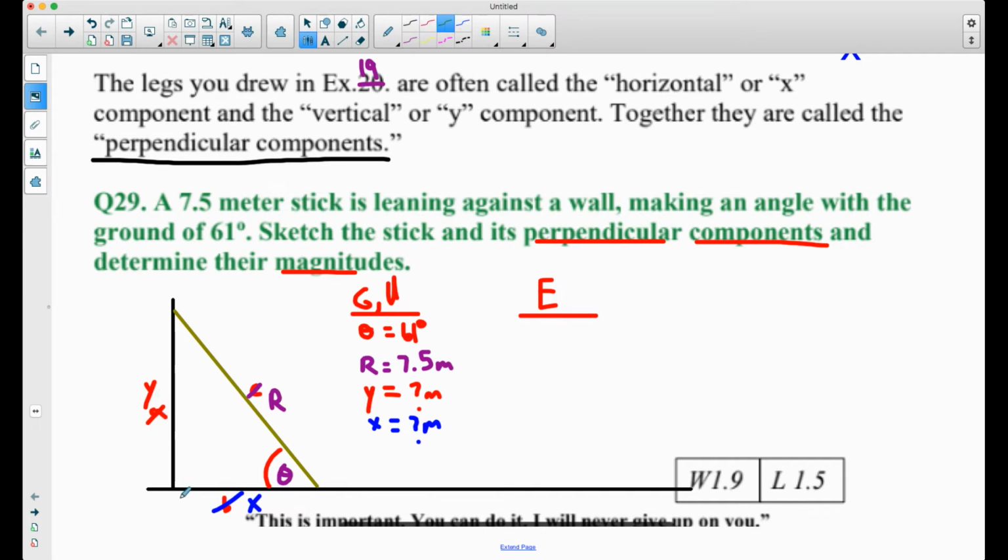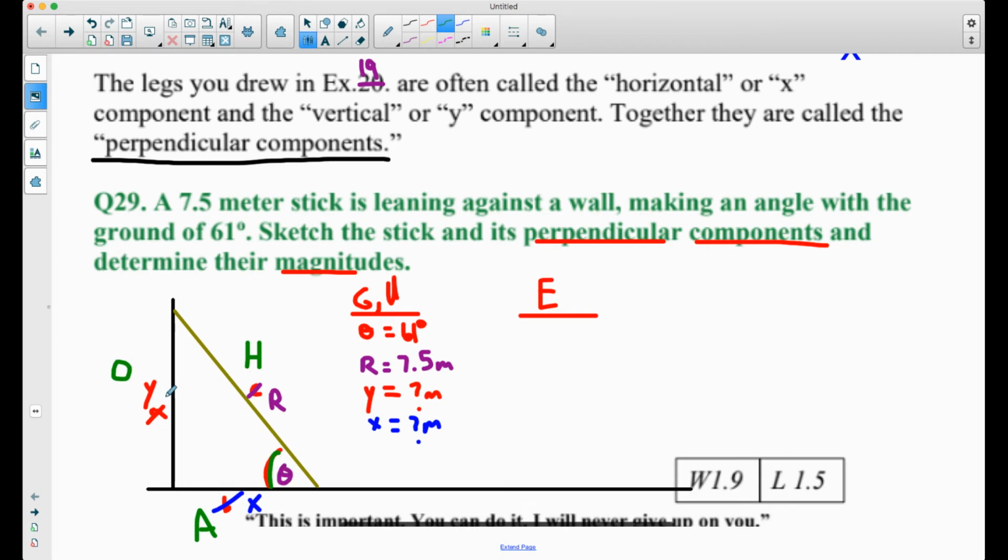So it's not a bad idea for you to come over here and say, from the perspective of this angle, this is the adjacent side, this is the opposite side, and this is the hypotenuse. It's actually a very good idea to go label that for yourself. And then you'll decide whether it's SOH, CAH, or TOA. And so we'll look at one of them partially, and then it's your job to finish this up.